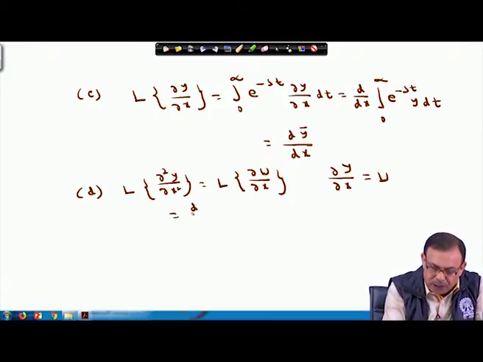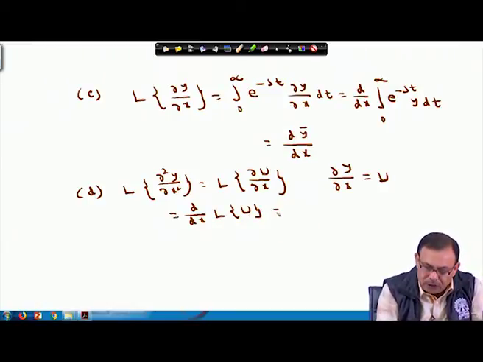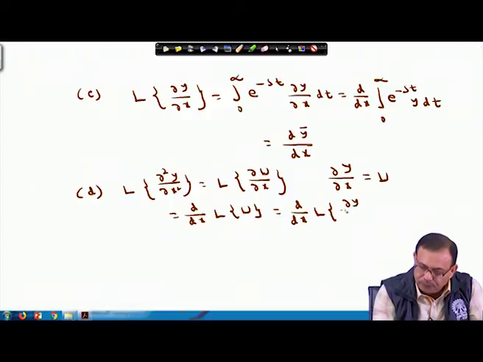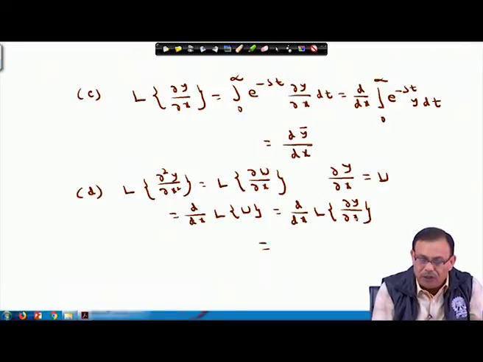This equals d dx of Laplace transform of U, where U is del y del x. Once I take the Laplace transform of del y del x, we have already obtained d y bar dx.